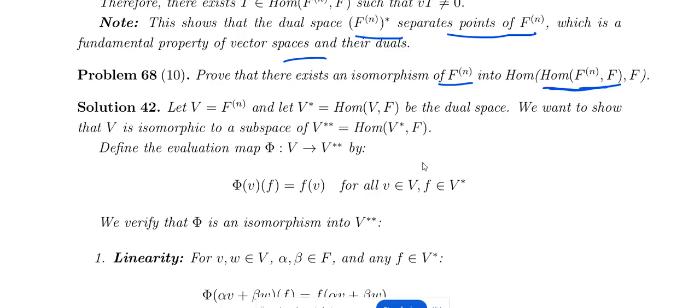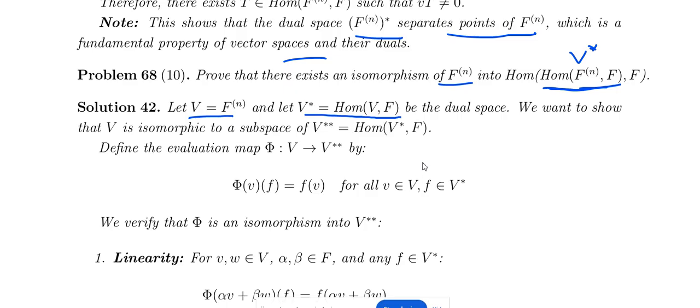So homomorphism of ரெண்டு இது தான் பார்த்துருப்போம், அதே ரெண்டு இது தான். பட் ஒன் வந்து பார்த்தீங்கன்னா homomorphism of f power n comma f comma f. So this is f power n equal to v. v star ன்றது homomorphism of v comma f. அப்படின்னா this is called the v star. Actually homomorphism of v star comma f, that is the dual space.